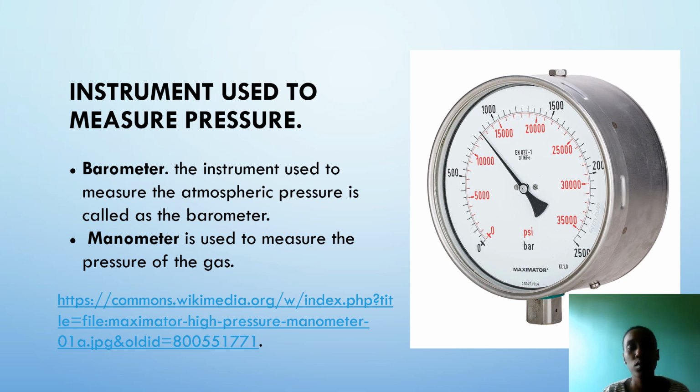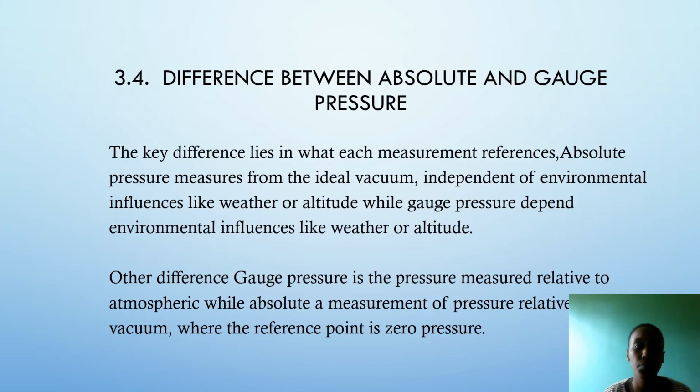Another one is the manometer. A manometer is used to measure the pressure of gas. That is the difference. The barometer measures the atmospheric pressure, while the manometer is used to measure the pressure of the gas.